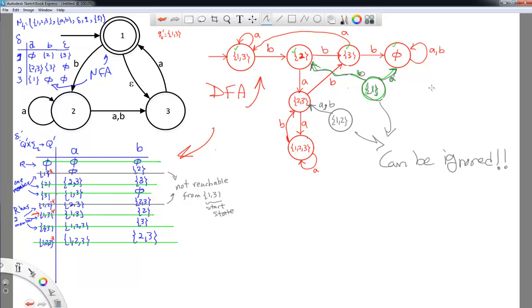As you see, the maximum number of states that a DFA equivalent to an NFA can have is 2 to the n, if n was the number of states in the NFA. But it may need fewer states, as you have seen here, and some of the states can be ignored, and you can create a simplified version.